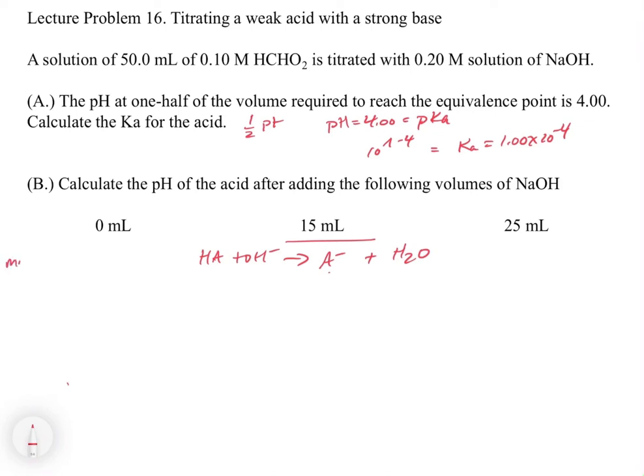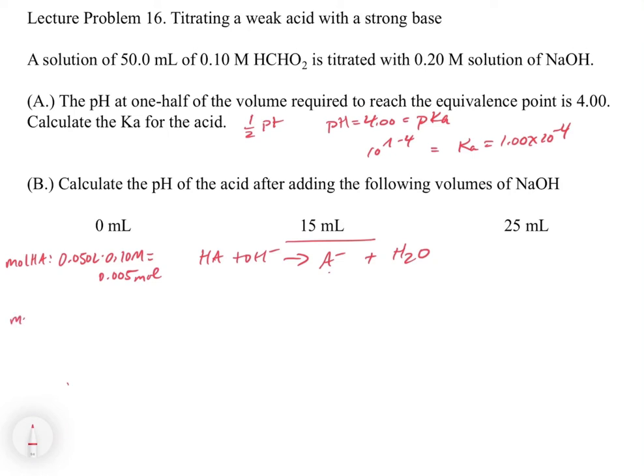And the first thing we're going to have to do is get our number of moles. So our moles of HA is going to be 0.050 liters times 0.10 molar, which is going to give us 0.005 moles of the HA.